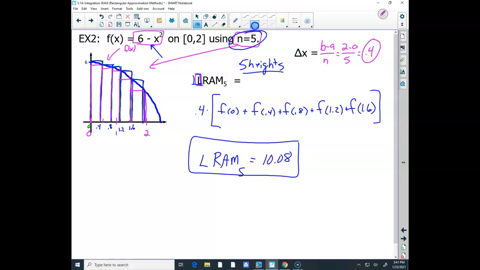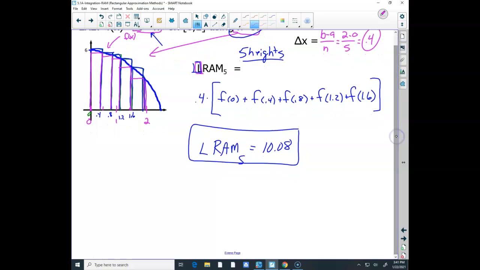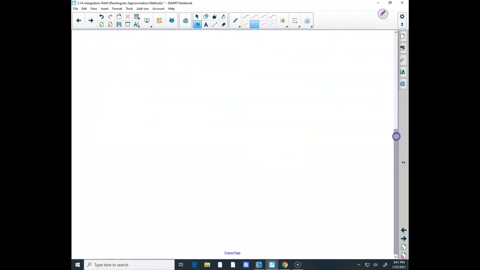Notice all of these fuchsia-colored rectangles, they are under the curve, therefore this would be an underestimate. And what am I going to just go slam into my calculator?